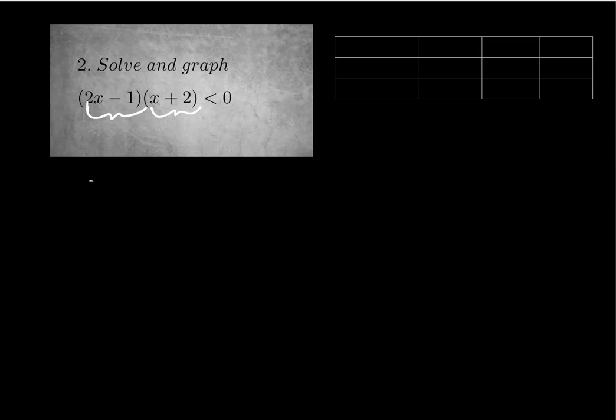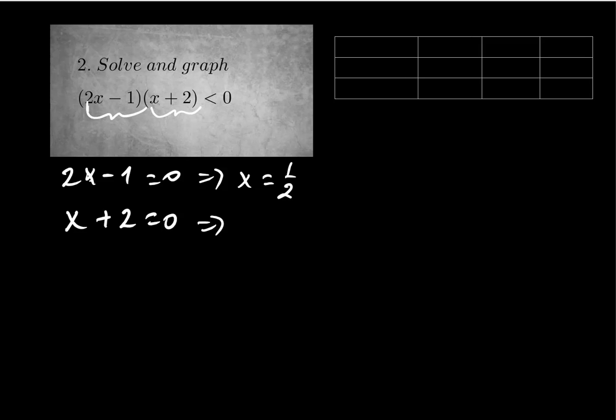Let me do it. 2x minus 1 is equal to 0. That shows that x is equal to 1/2. The same way, x plus 2 is equal to 0 shows that x is equal to -2. So we know that, and later in this video I'm going to show you the quadratic it is.